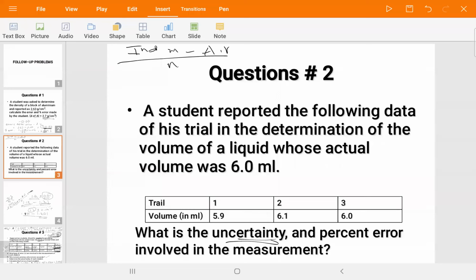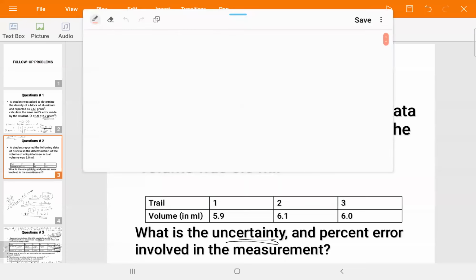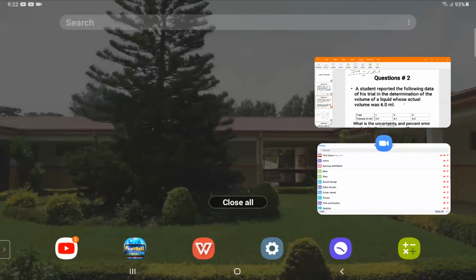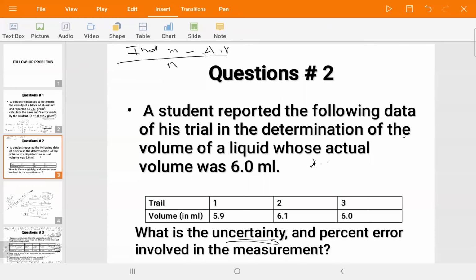For example, if we tried this experiment 3 times, the average deviation is 5.9 minus 6, plus 6.1 minus 6, plus 6 minus 6, over 3.